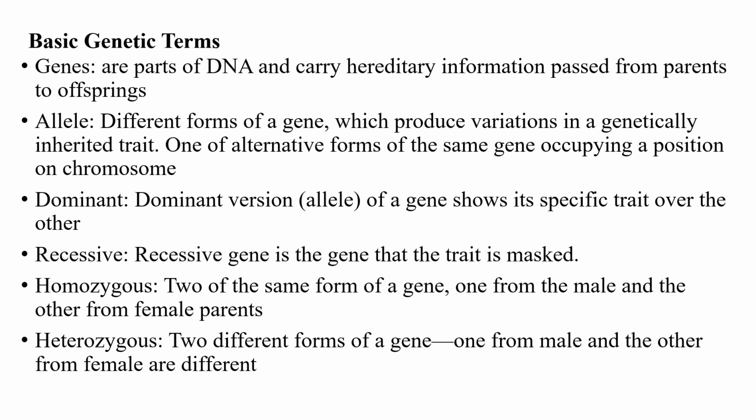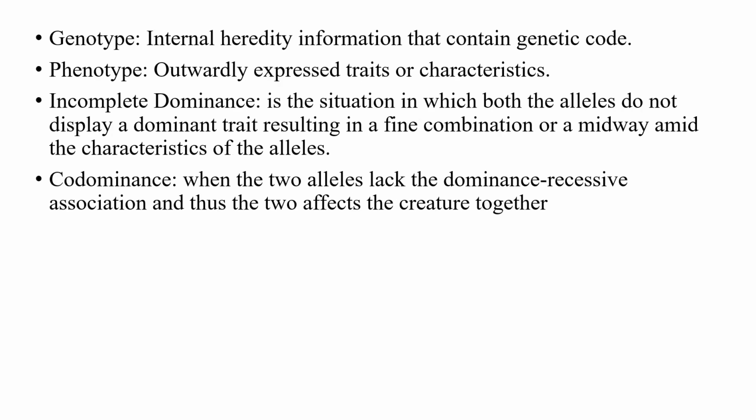It's covering the small b, which is lightness. So that will be referred to as heterozygous black. That is, it is different forms of a gene that is there, and that is why we refer to it as heterozygous. Then we have what we call genotype.